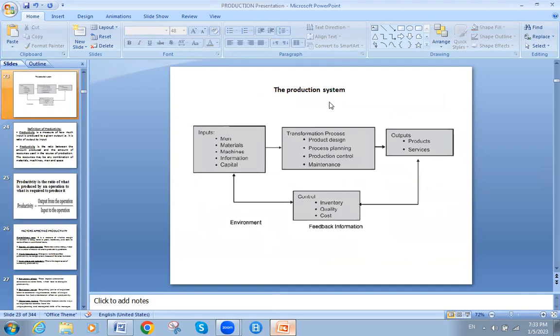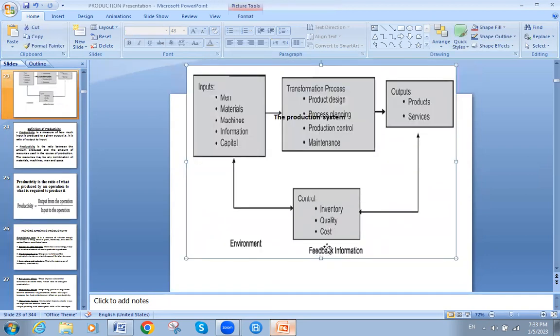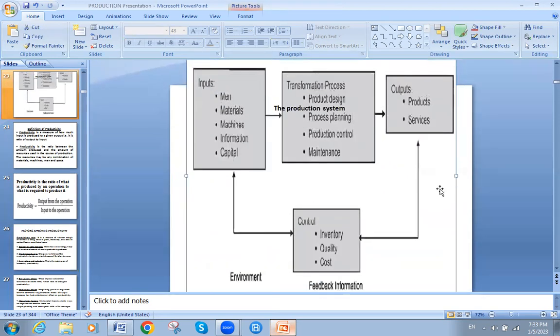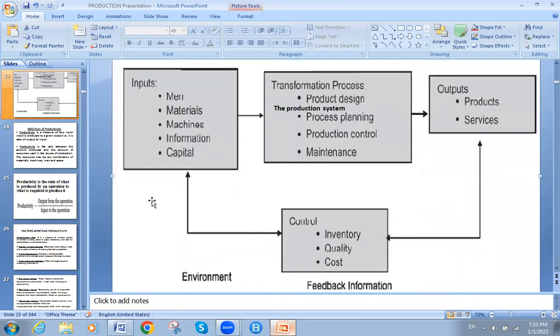Like you see in this slide, this is the system of production. Like we talked about before, but I repeat it. Here are the inputs. What are the inputs? Men, material, machines, information, capital.